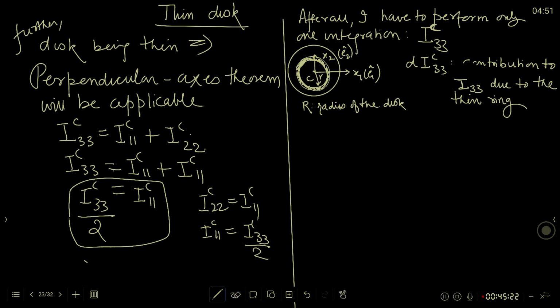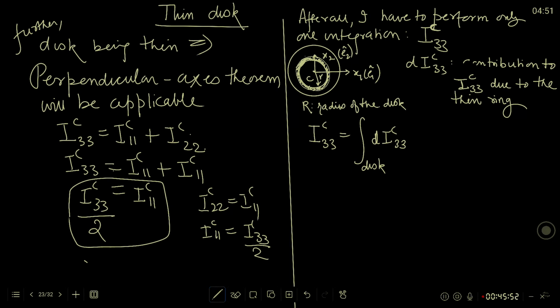So IC33 will be the integral of DIC33 over the whole disk. Such thin rings will keep contributing, and once you add all the contributions, it will eventually give you IC33.